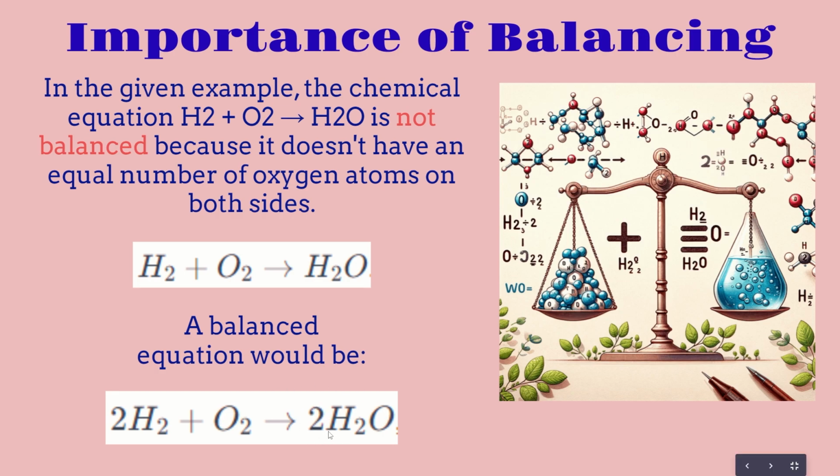Once we add a coefficient of 2, now we have 2 oxygens, so oxygens are now balanced. But since we added a coefficient of 2, that means the hydrogen has 4 atoms now. So to balance it on the left side, we add a coefficient of 2 here. Now we have 4 hydrogens plus 2 oxygens, and on the right side we also have 4 hydrogens plus 2 oxygens. So this is how you can balance equations.